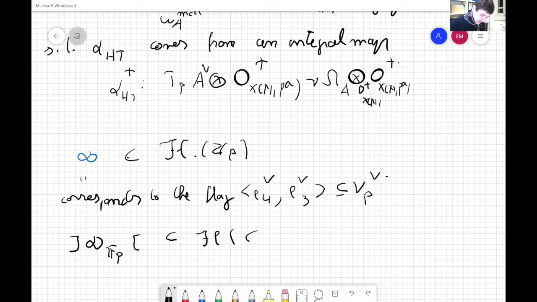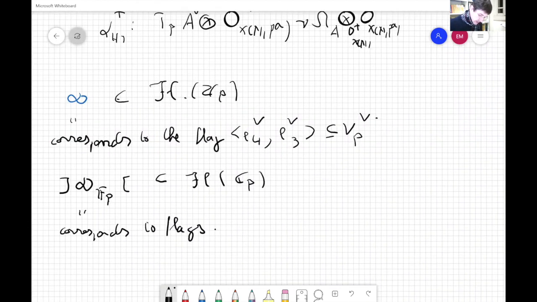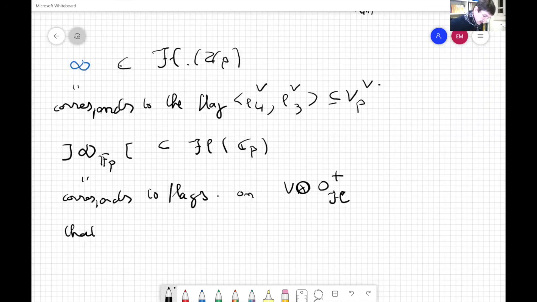Let me just consider C_p points to be on the safe side, but you can do things more generally. So this corresponds to flags using these integral structures, in our variety of O flag plus, such that they reduce to this one modulo p.